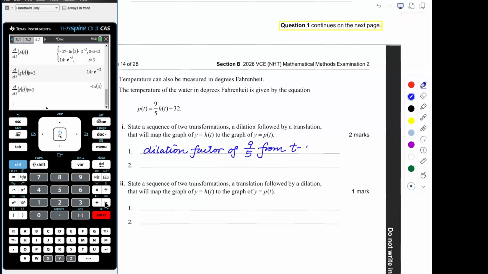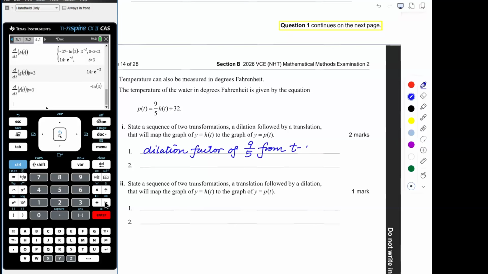Therefore, from h(t) to h(t) plus 160/9, then you multiply 9/5 on top of both terms. This is what it means by a translation followed by a dilation.